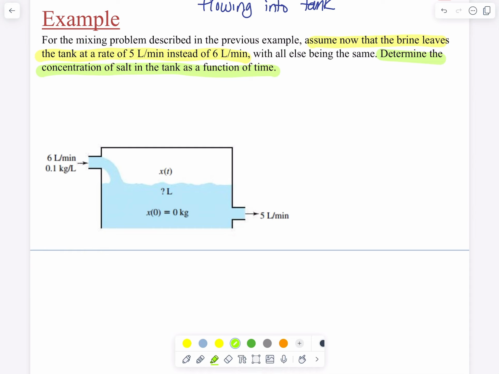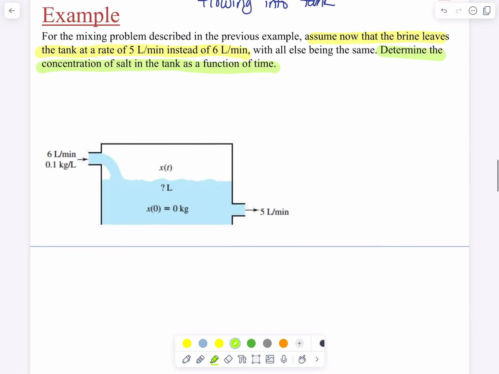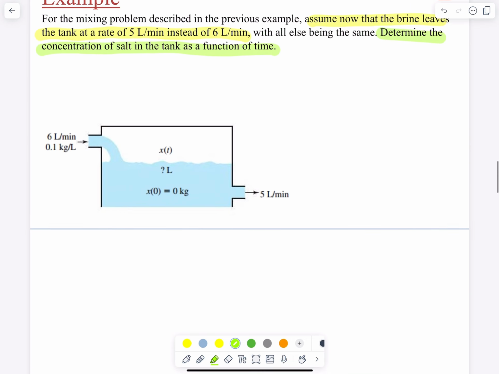So the difference between the flow rate into the tank and the flow rate out of the tank is going to be 1 liter per minute. Using our same one compartment system model, we have dx/dt is equal to the input rate minus the output rate.